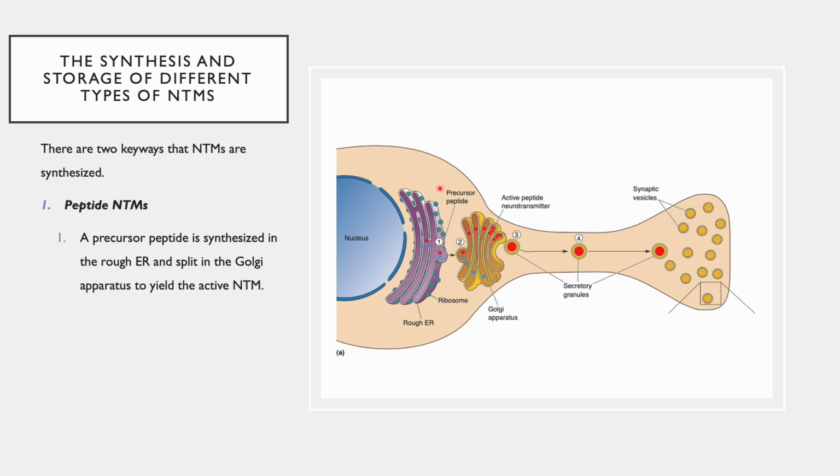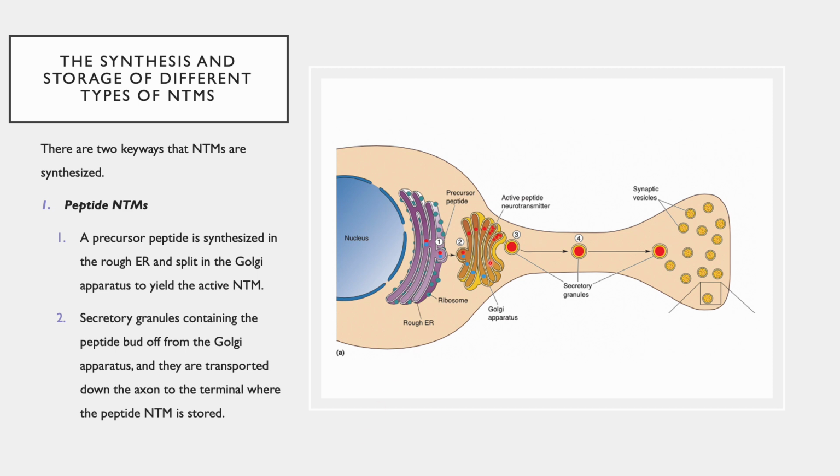Now remember that the rough endoplasmic reticulum is a key site of protein synthesis. So thus the proteins are produced here and then sent to the Golgi apparatus, which we've also talked about as kind of the post office of the cell, ensuring that peptides go where they need to. Secretory granules, as shown here in image 3, contain these larger molecules such as oxytocin or vasopressin.